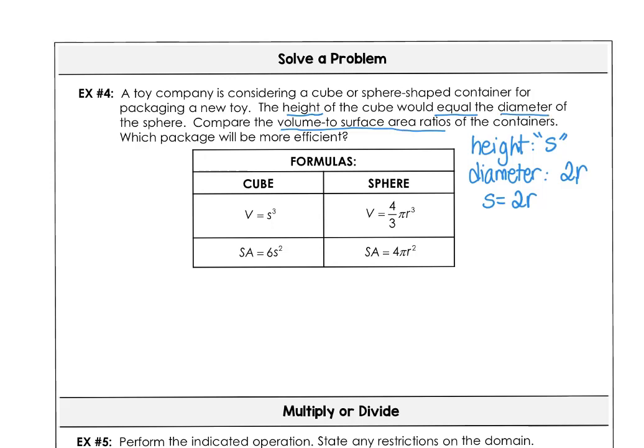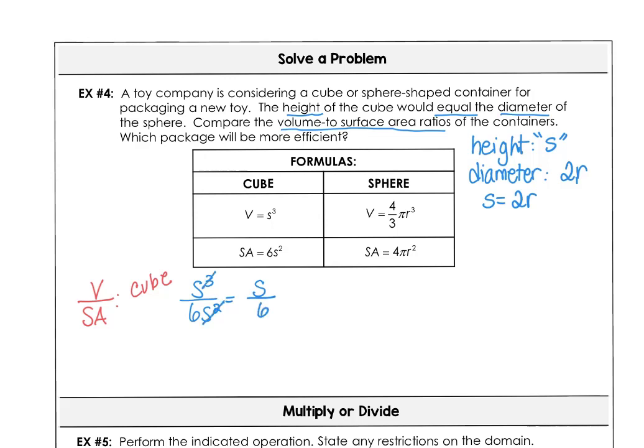And we want to compare the volume to the surface area. So first let's think about the volume to the surface area of the cube. The volume is s cubed and the surface area is 6s squared. Simplified, that gives us s over 6.